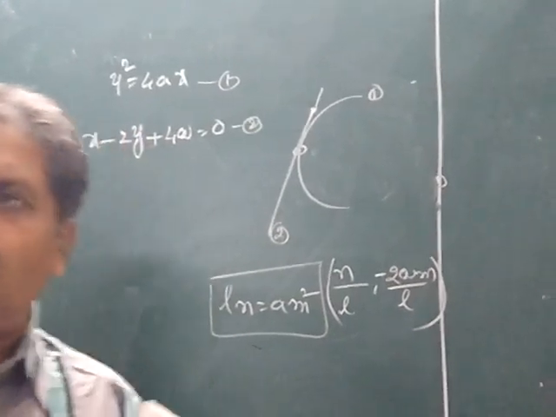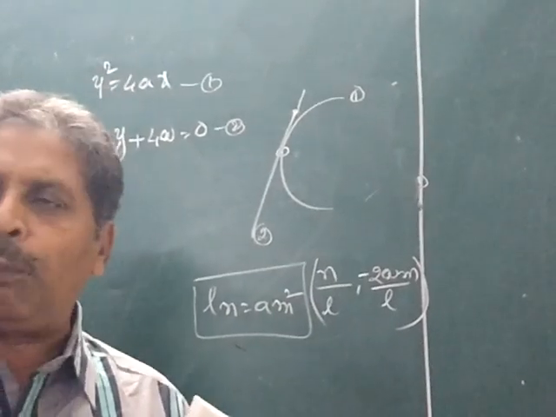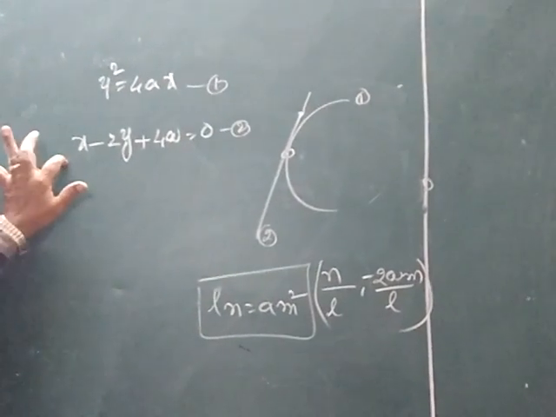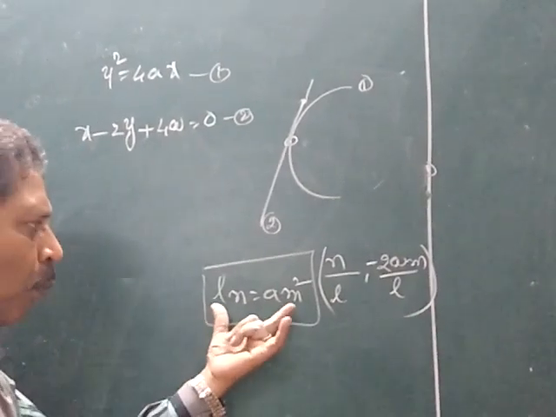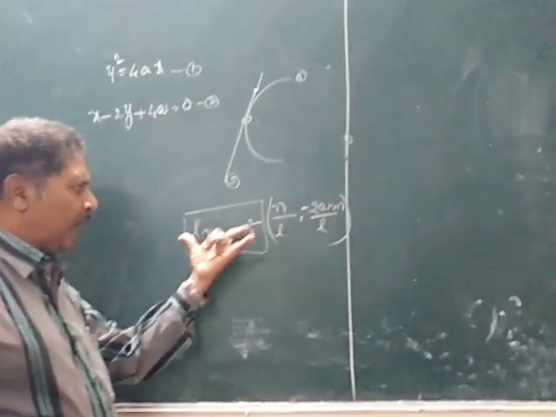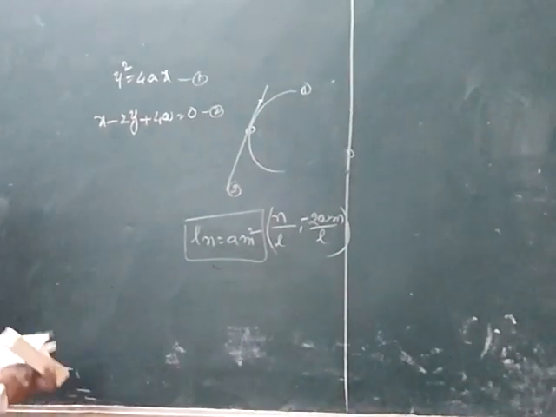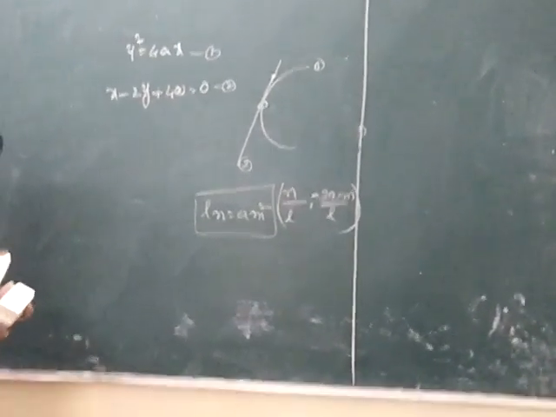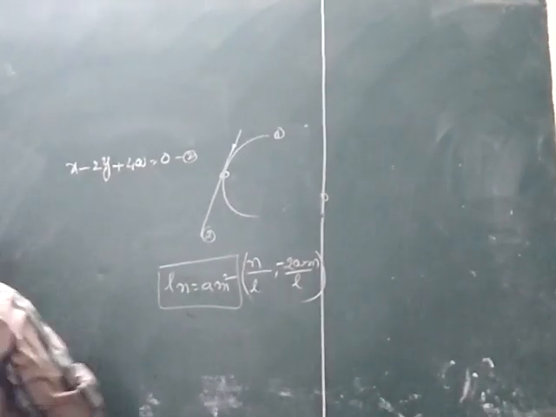In the previous problem, m is the slope; when slope is given, we apply that formula. In this problem, given Lx plus my plus n, so point of contact formula is this one. Tangent condition is this one. Write the answer. Given parabola is y square equal to 4x.